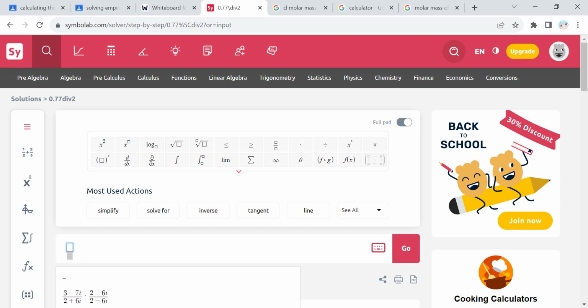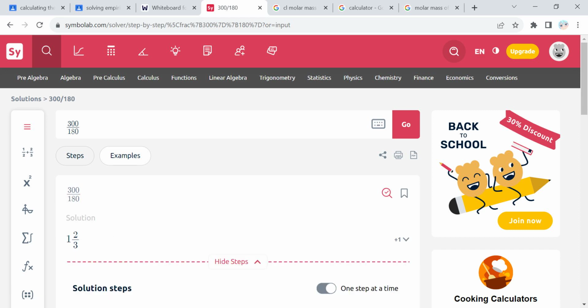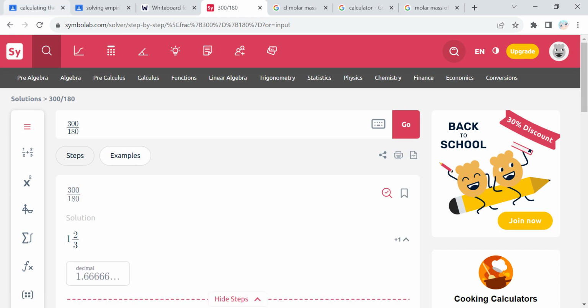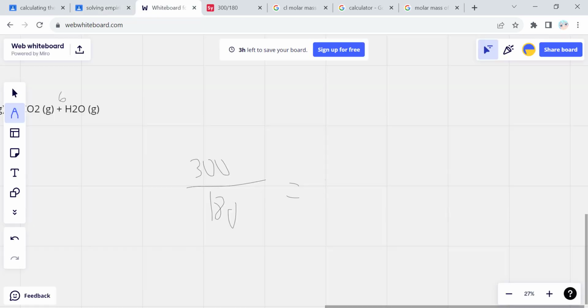I think it's not one half, more than one half actually. 1.66. Let's use 1.67. Let's round it off to 1.67.